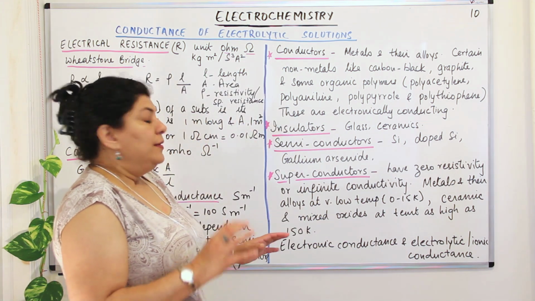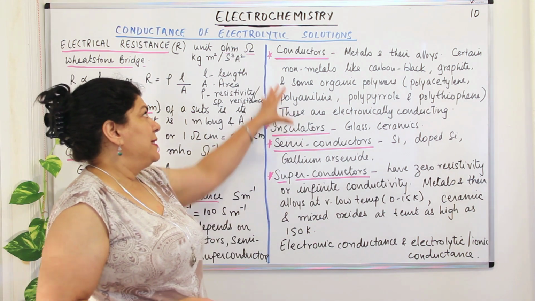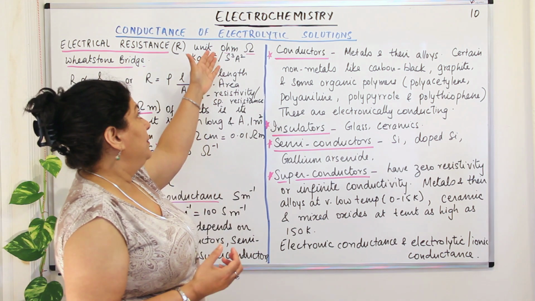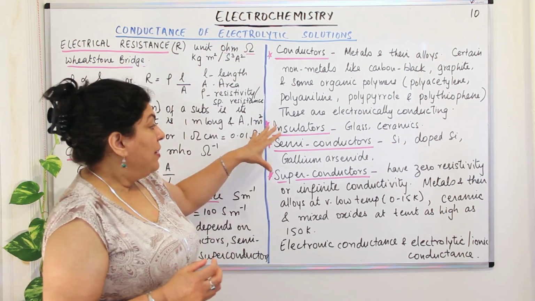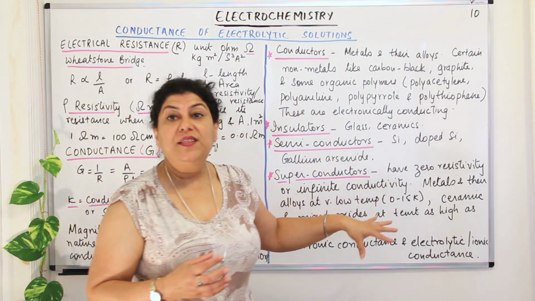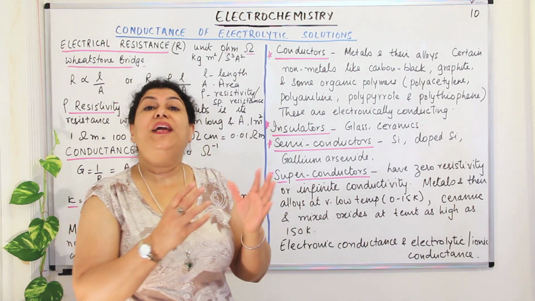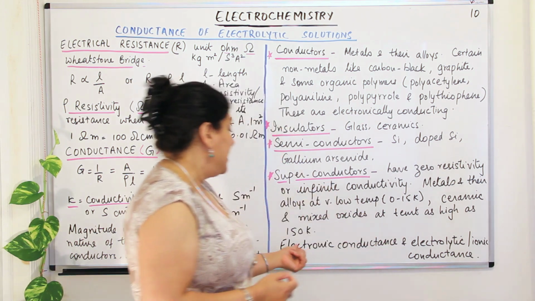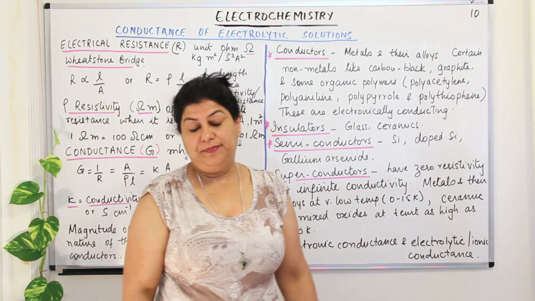Now, the conductance in conductors, as we talked of metals, and we've not talked of electrolytic solutions as yet, takes place due to the presence of electrons. It is these moving electrons, so we call this electronic conductance.